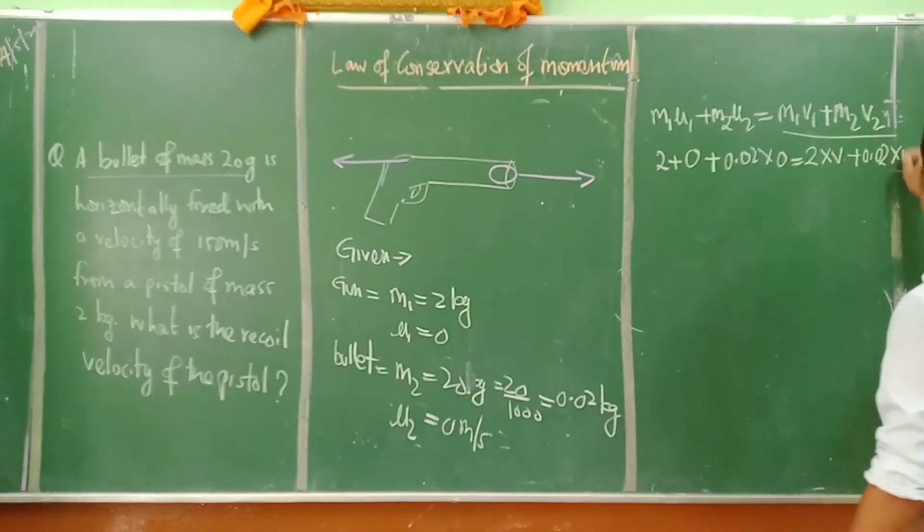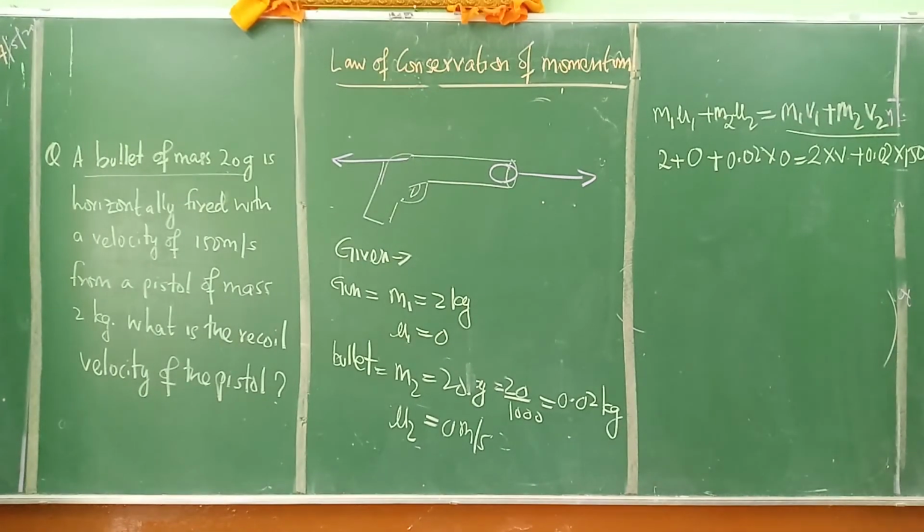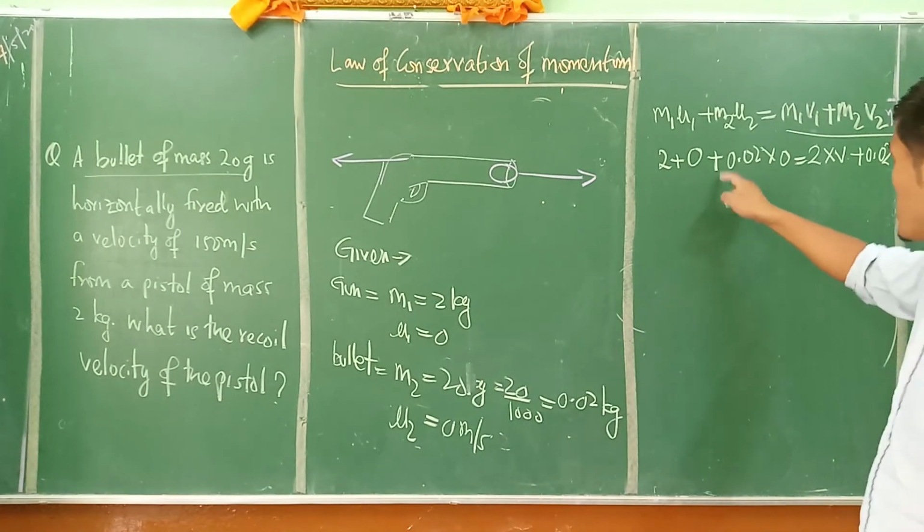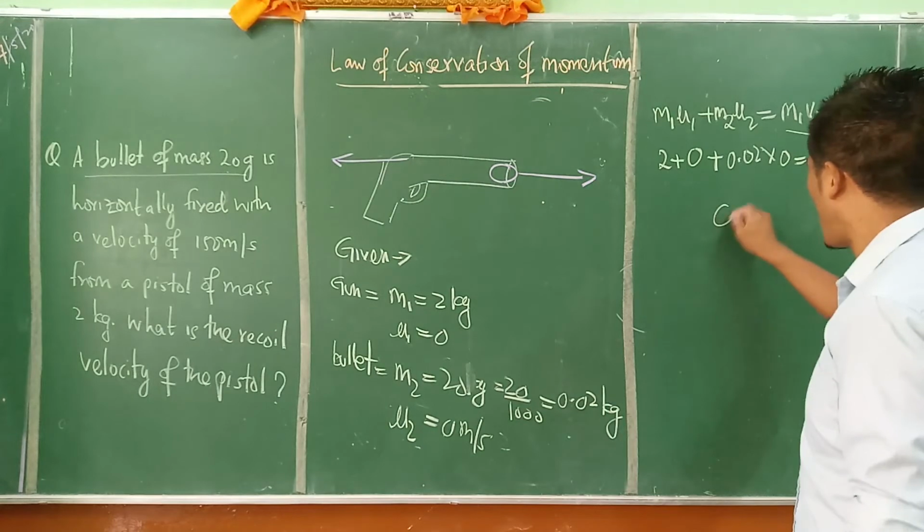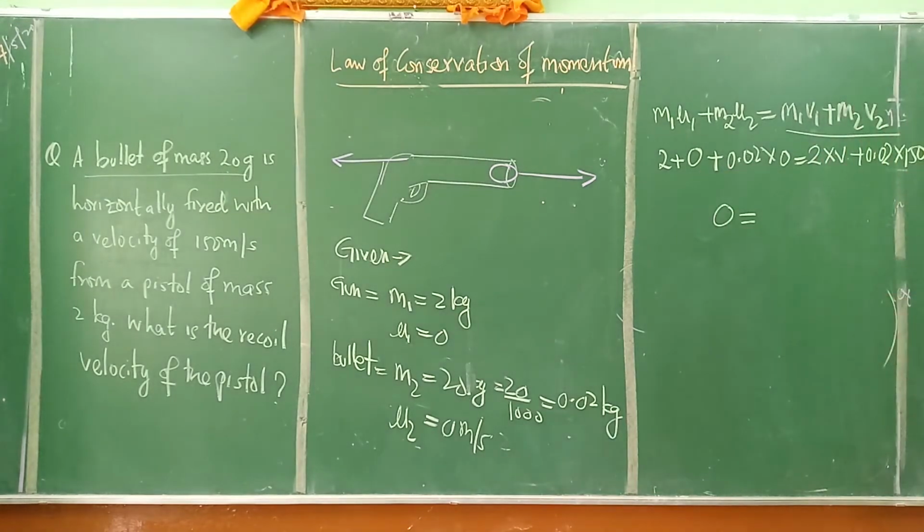The left side becomes 0, because everything is multiplied by 0.